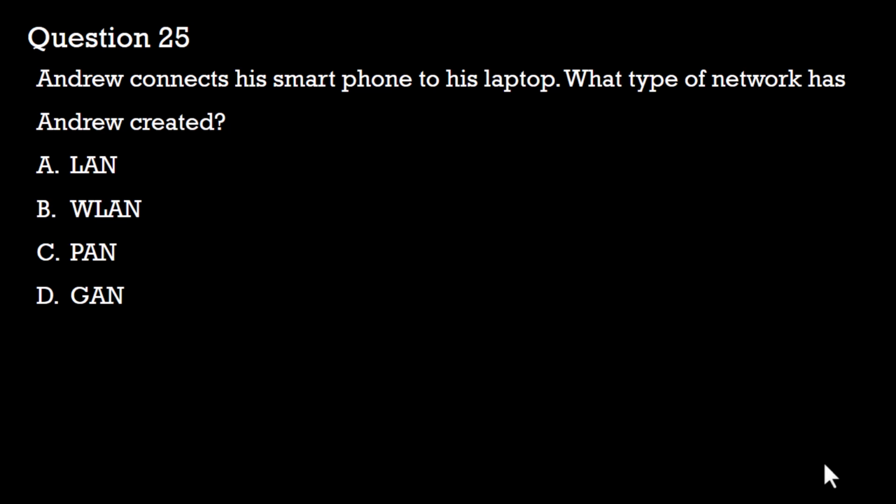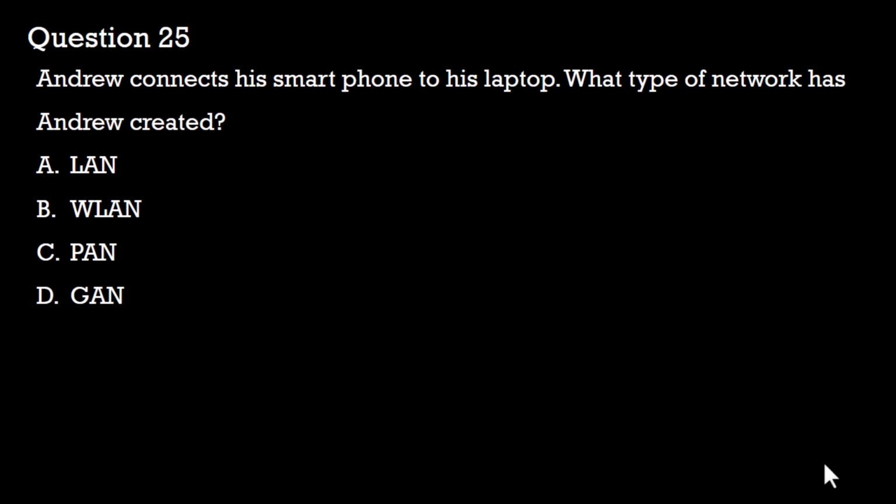So for instance, connecting devices like smartphones or laptops using technologies like Bluetooth or USB. A GAN, a global area network, covers a wider geographic area than the LAN, and it is typically used across multiple cities or countries.